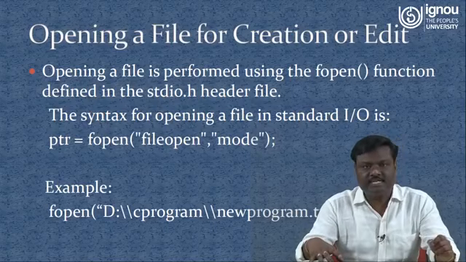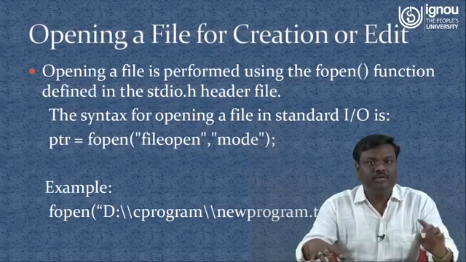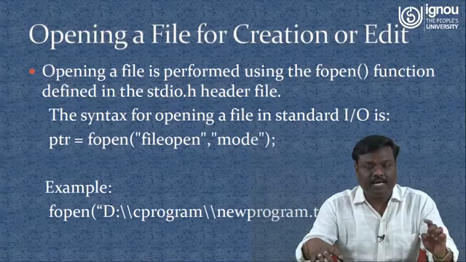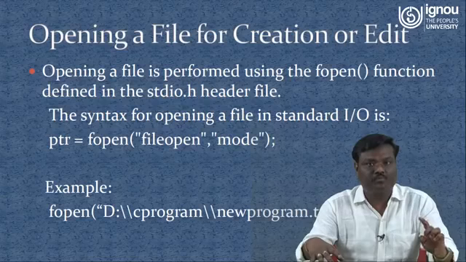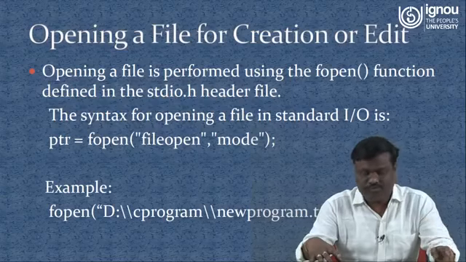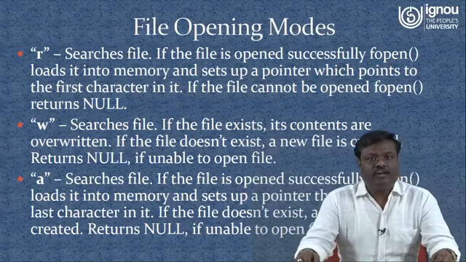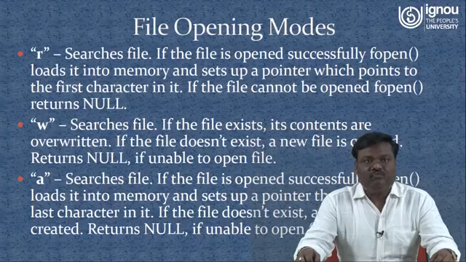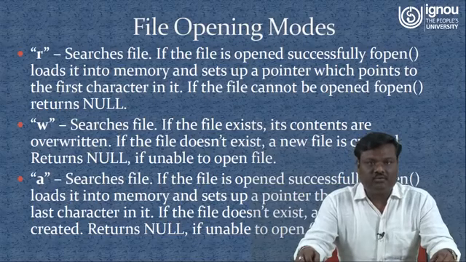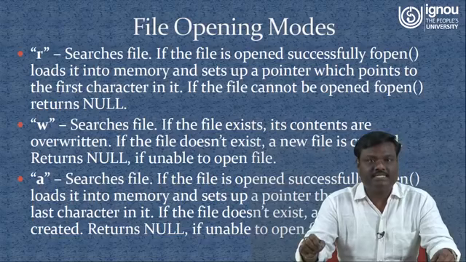You can see the example here, fopen, within the double quotes you mention the complete address along with the file name, and then the second argument we are passing is the write mode, W. So the file opening modes, as I told you, one is R, that is read mode, the second is W, write mode, and the third is A, that is append mode.